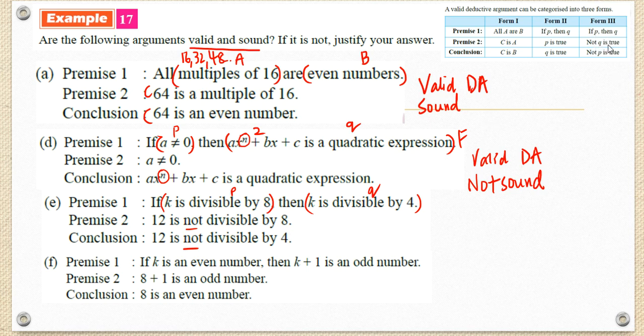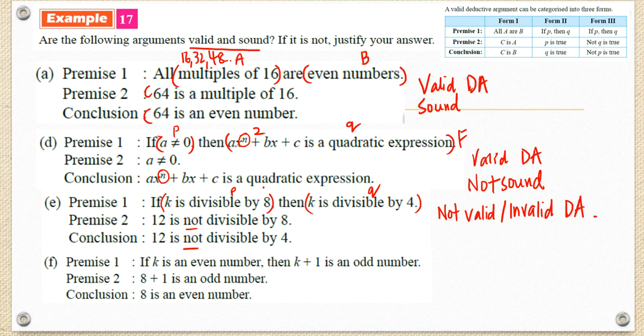Not Q is true, meaning that for premise 2, you must write about not Q. Meaning for premise 2, it must be 12 is not divisible by 4. They did not follow this form 3. So this is not valid, or we say it is an invalid deductive argument.